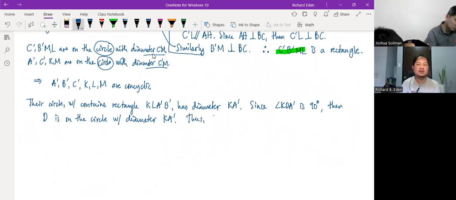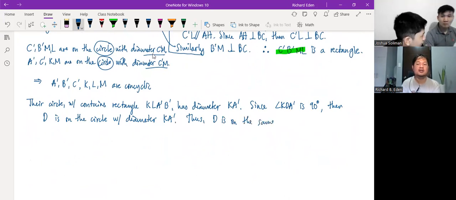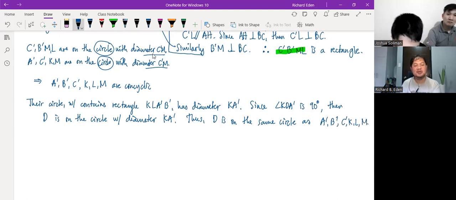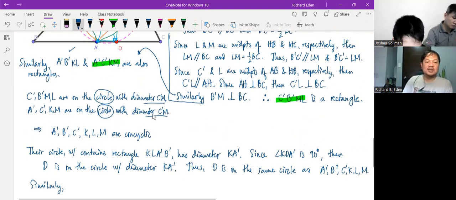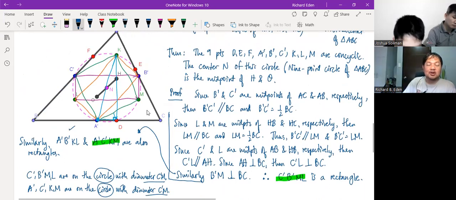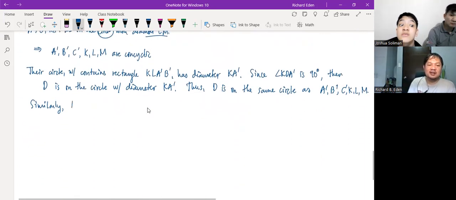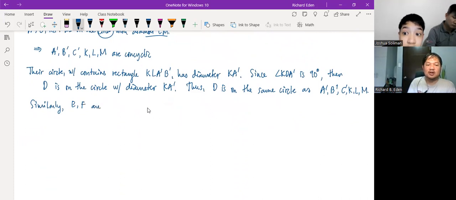Thus, D is on the same circle as A prime, B prime, C prime, K, L, M. So ibig sabihin, nung D is now also a member, similarly, so it's not just now the foot D, but also E and F. E and F are also on the same circle.